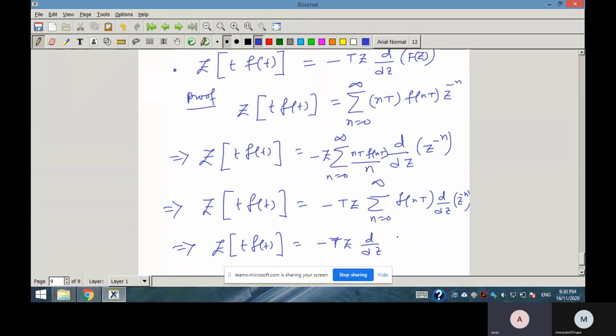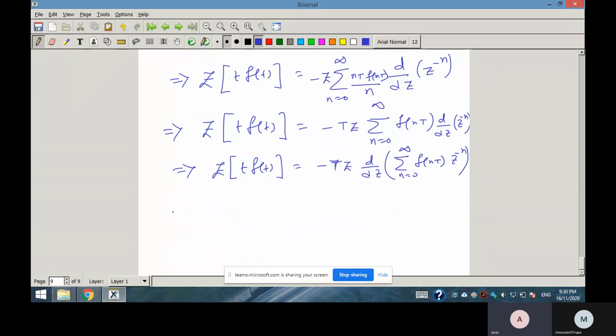So dtz of summation n equal to 0 to infinity fnt into z to the minus n. So this can be written like this: z of tft is equal to minus tz dtz of, this is what? This is your fz.